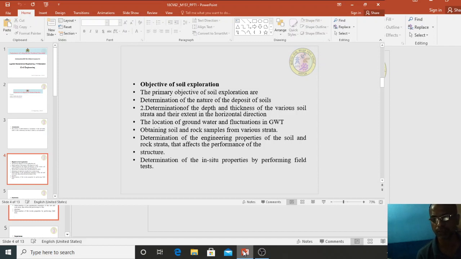For example, SPT has to be done for one particular type of soil, plate load test for one particular type of soil, DCPT, dynamic cone penetration test, for one particular type of soil, or SCPT, static cone penetration test, for one particular type of soil. For what type of soil, what type of test we have to do, to assess that we require soil exploration knowledge.